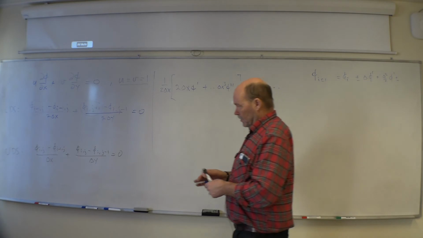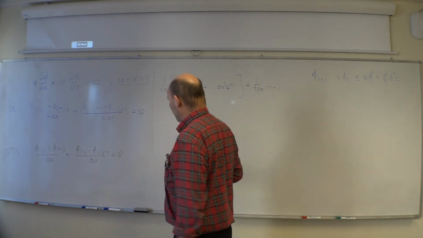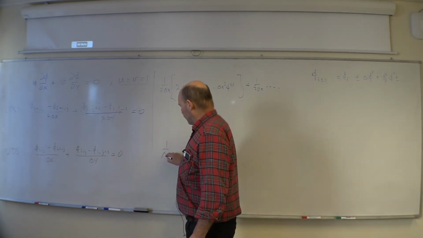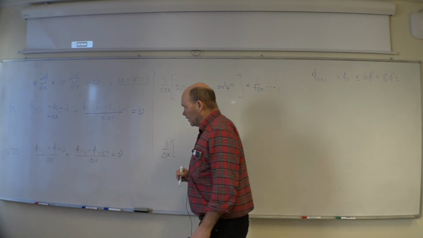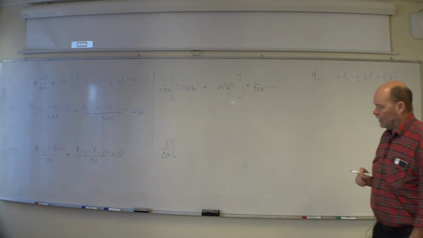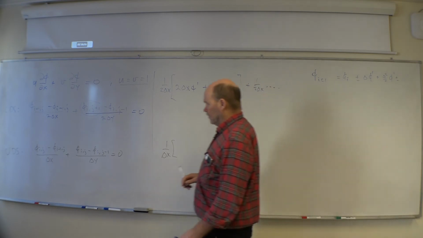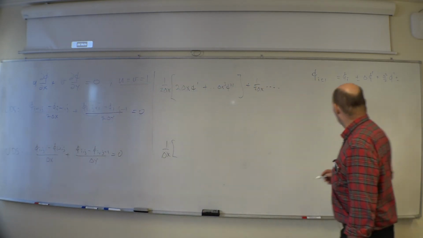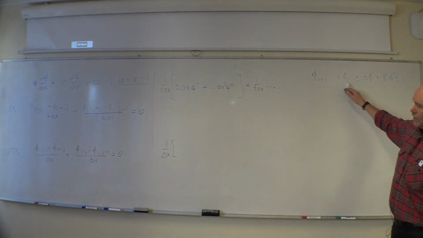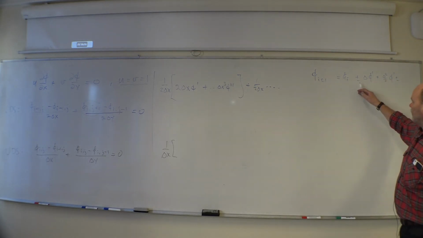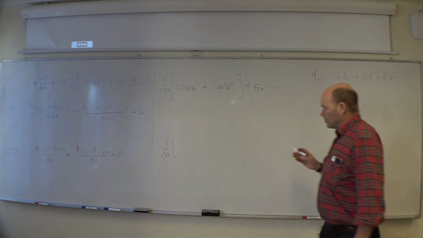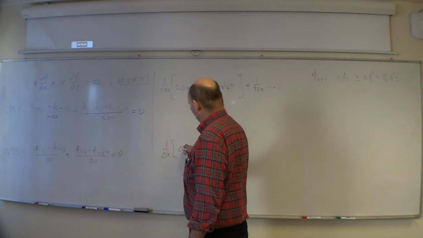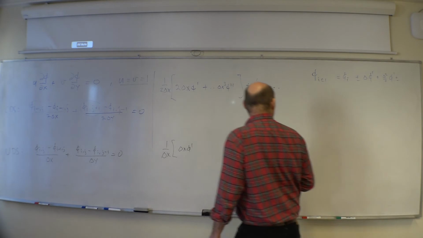What about the upwind scheme? Here we will have 1 over delta x outside, and inside you will have phi ij center point minus the negative series. The center point will disappear, and then we will have minus minus, which is plus, so that will be delta x phi derivative.